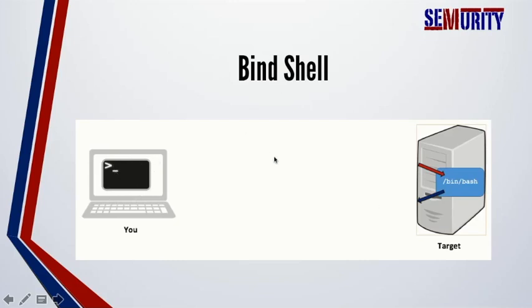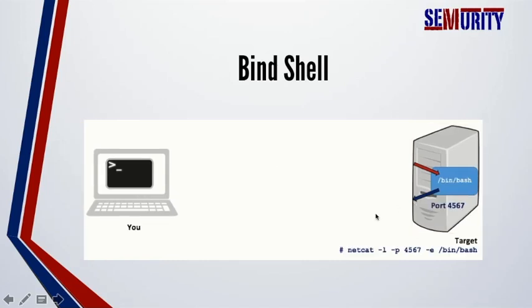So in the bind shell is going to be like this. We are going to listen on a certain port on the target machine. So we're gonna listen on port 4567, and this process is called the binding process. Opening a port on any server is called a binding process.